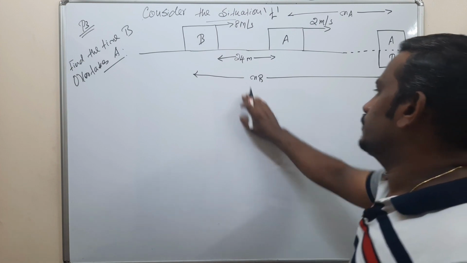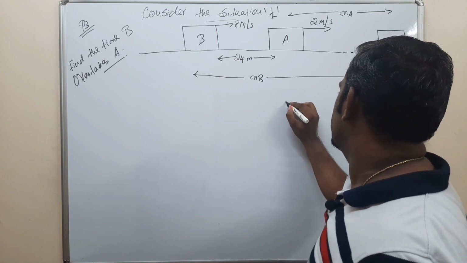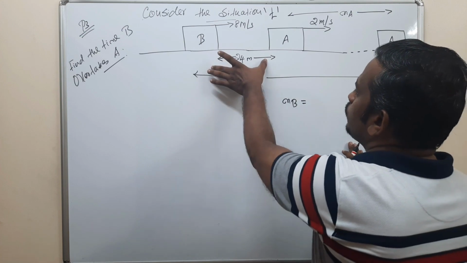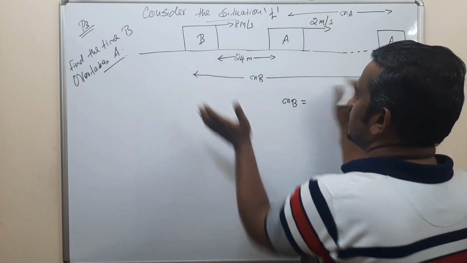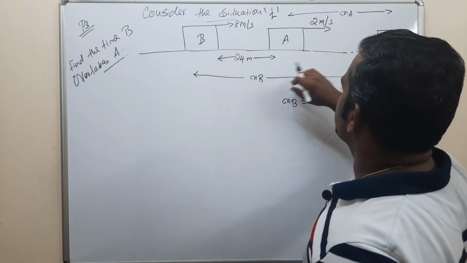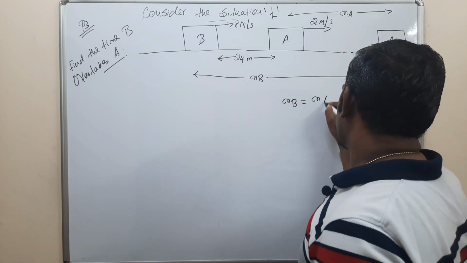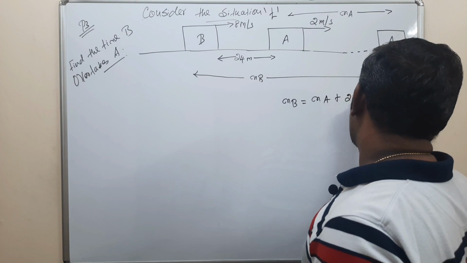From this we can write that XB is equal to 24 plus XA. So XB is the total distance, XB is equal to XA plus 24. Am I right?